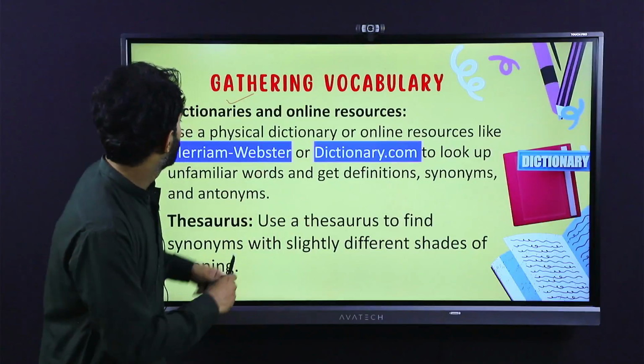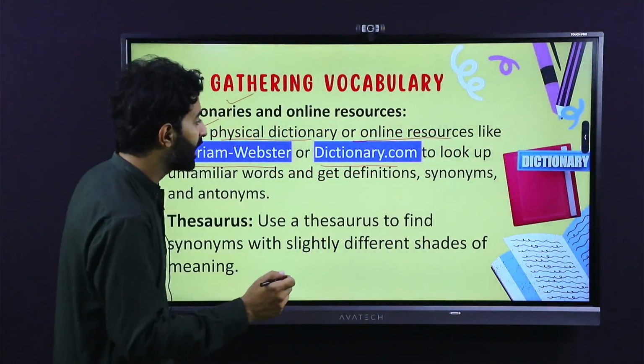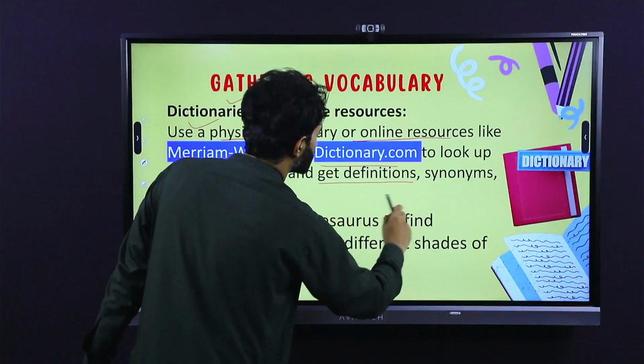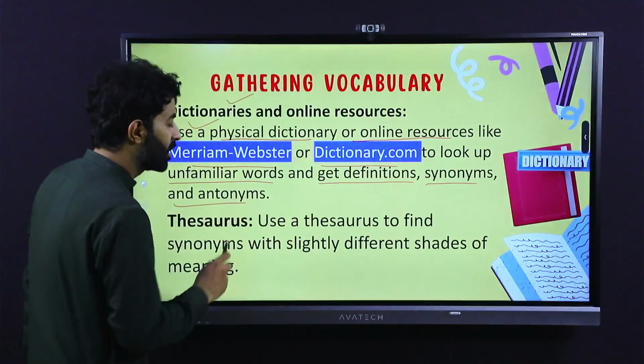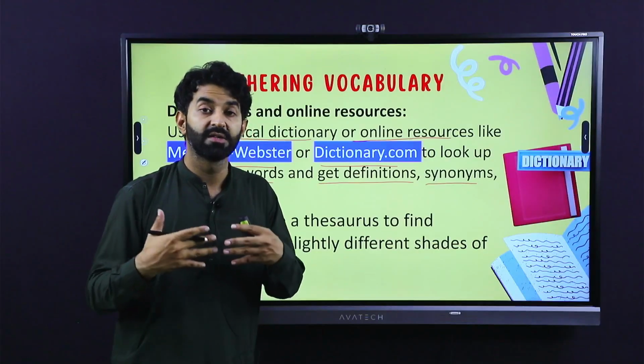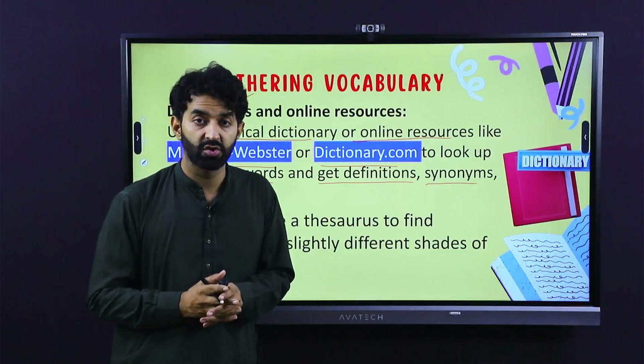So you can use a physical dictionary or online resources like Merriam-Webster or dictionary.com. You can use the Oxford Learner's Dictionary online to look up unfamiliar words and get definitions, synonyms and antonyms. You can get different etymologies, meanings, sentences, examples, and so much more in any dictionary and thesaurus.